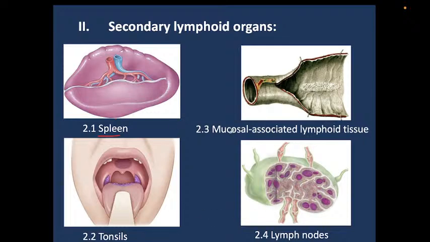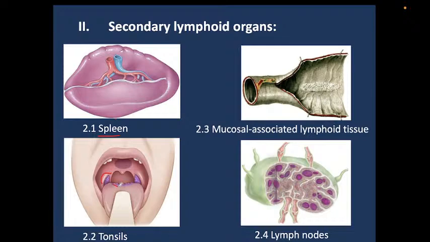Second are the tonsils. We call these small organs located around the pharynx and around the oral cavity, because this is the entrance for mostly microbes coming to our body. Of course, there are 6 tonsils, 2 paired and 2 unpaired.